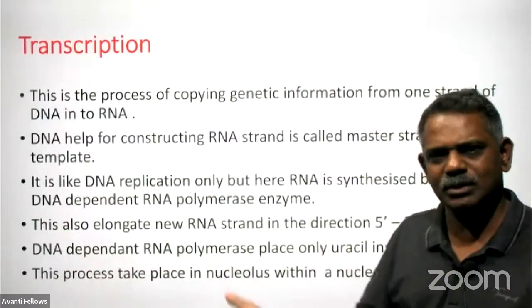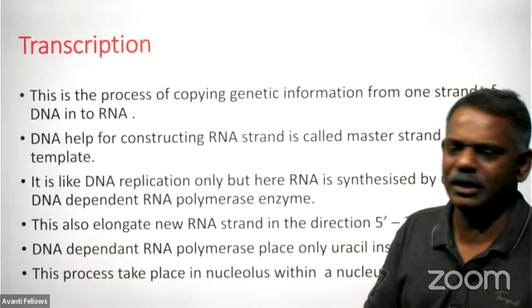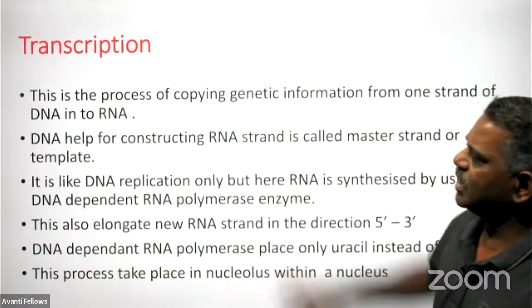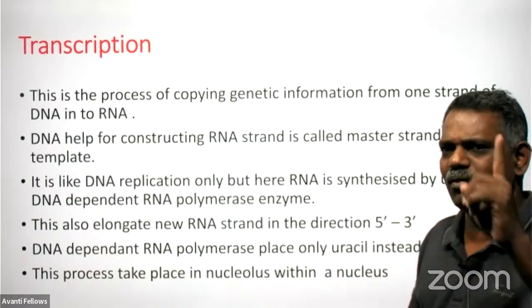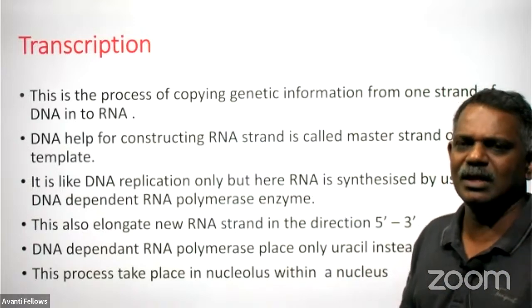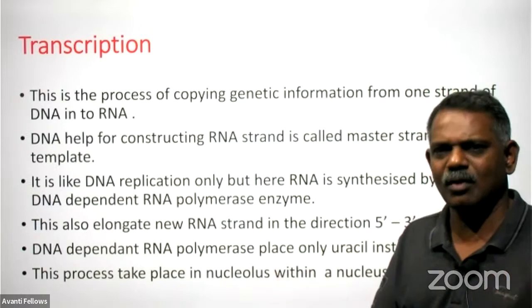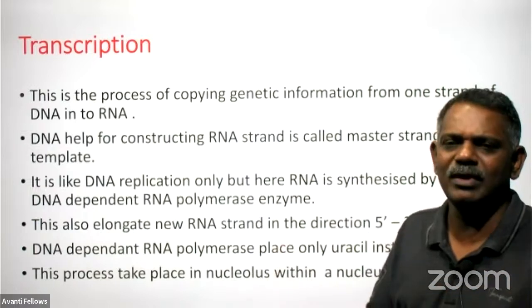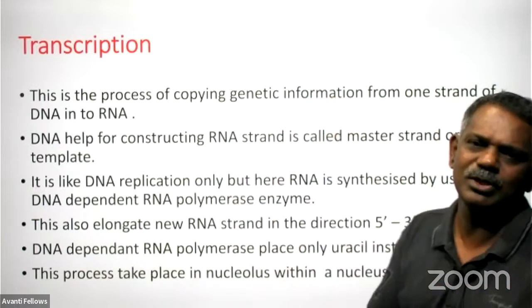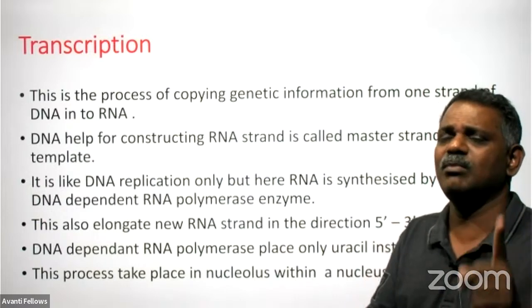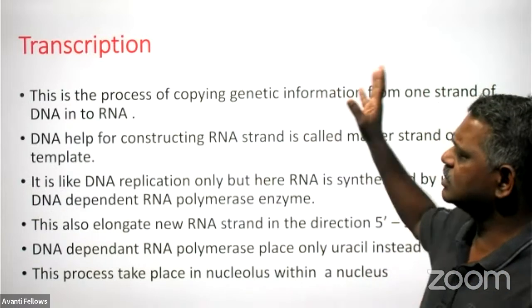But in replication, both strands are master strands, which is why two new strands are produced. In transcription, remember, only one strand acts as the template strand. The other is not the template strand. It is the coding strand, not at all involved in the process of transcription. Because of that, only one strand is produced during transcription.